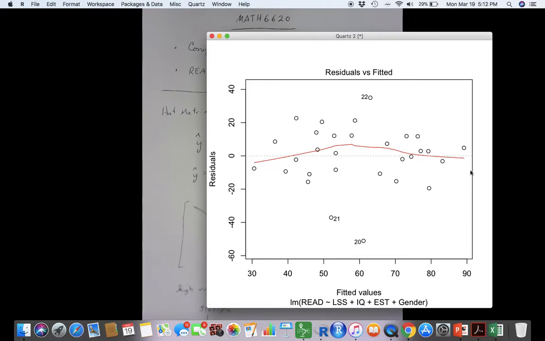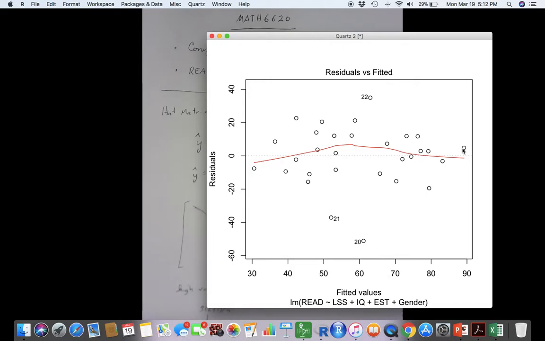I want the height of the ellipse to be pretty close across all levels. So again, I read from left to right, and I just want the up and down to be pretty much the same across the spectrum. And what that tells me is that the variance of error terms is equal, which is another assumption.